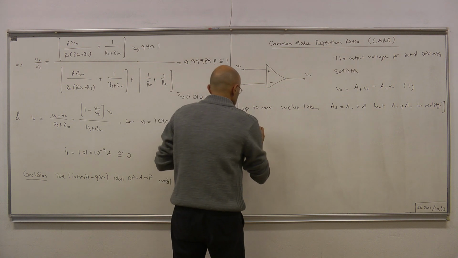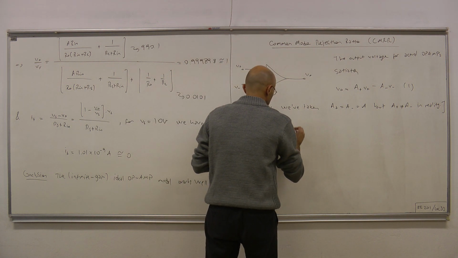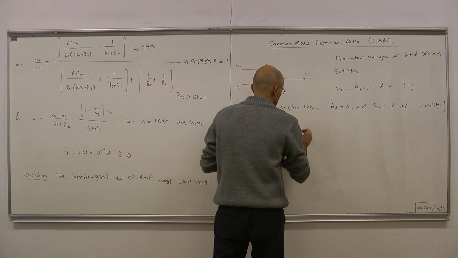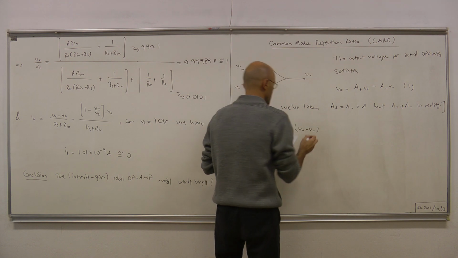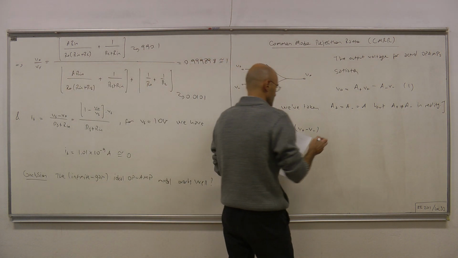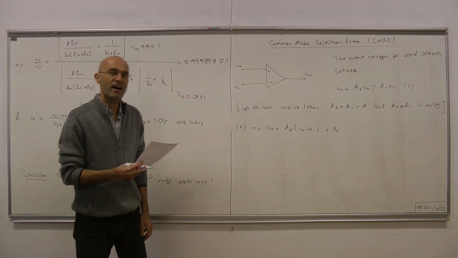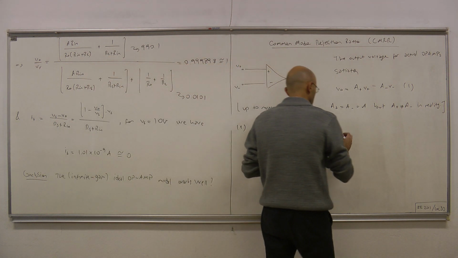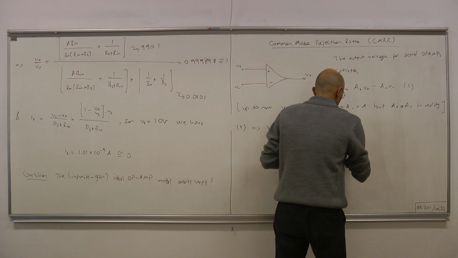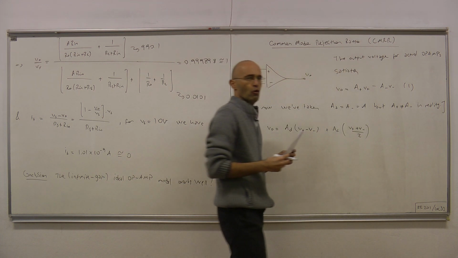Now, one implies that V out can be written as some constant AD times the difference of the voltages plus another constant times the average of the voltages, V plus plus V minus over 2.